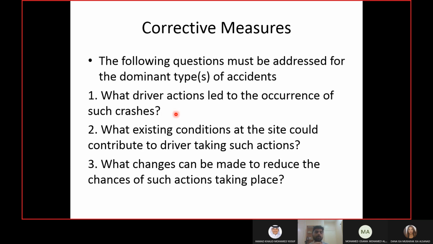Second, what condition on the site made him take that action? For example, he was braking. Why was he braking? What was on the site which made him brake? He was accelerating. Why? He was turning. Why? So action, then the reason for that action from the site conditions. Then the third thing is, what changes you can make on the site to avoid that action.